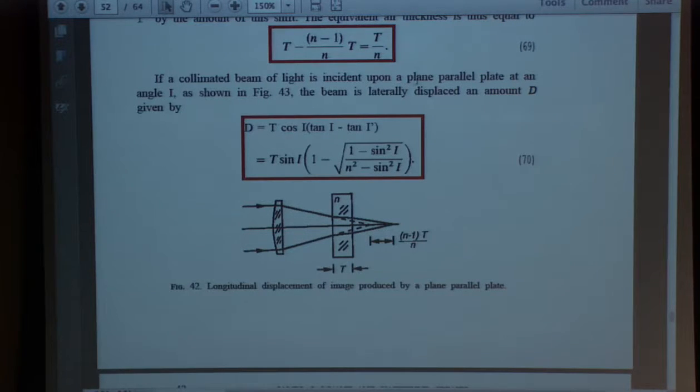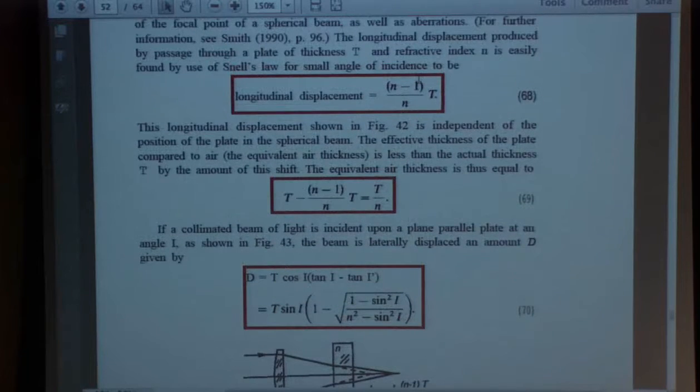And the amount of shift here, if you go through the calculation, which I think all of you either have done or will do today when you go back to your office, the longitudinal displacement turns out to be (n minus 1) over n times t, where n is the refractive index.